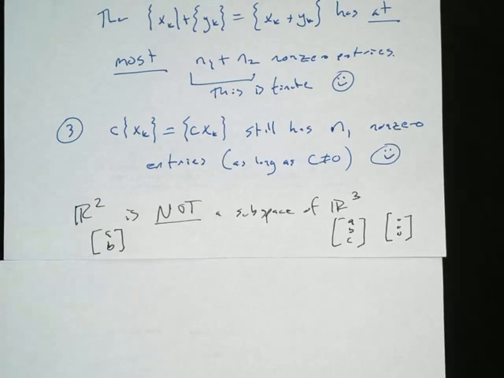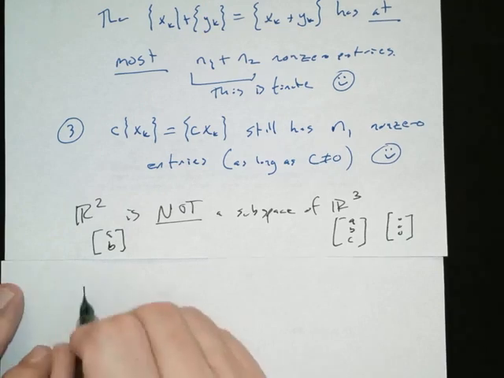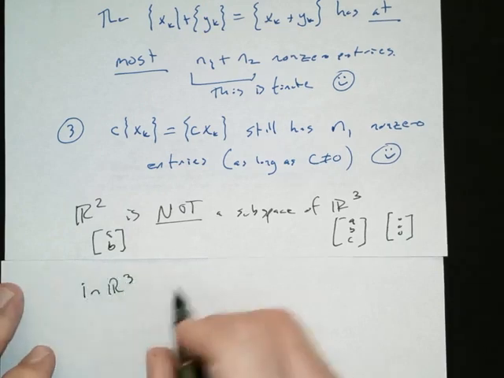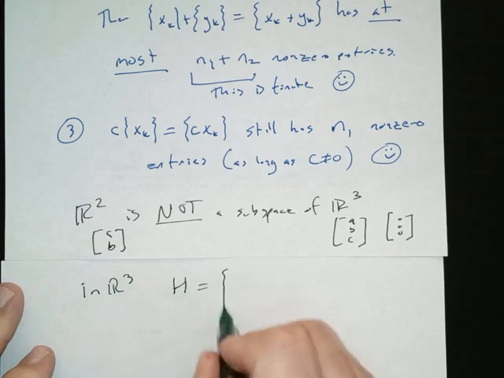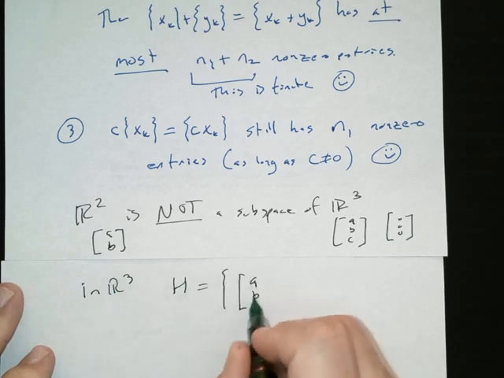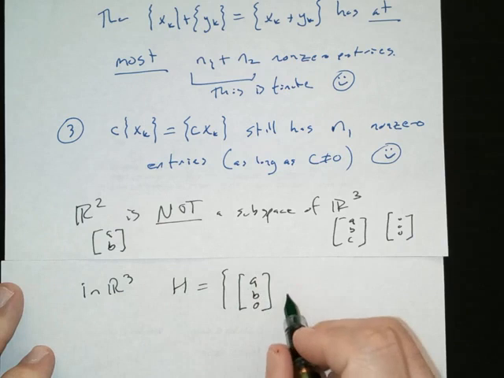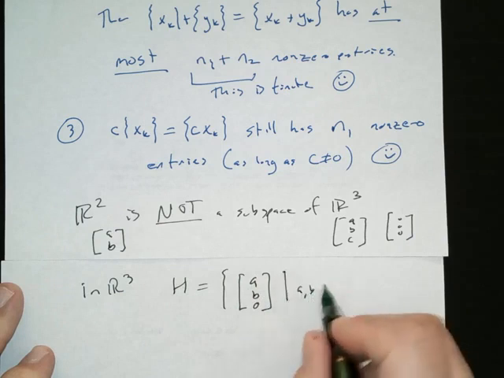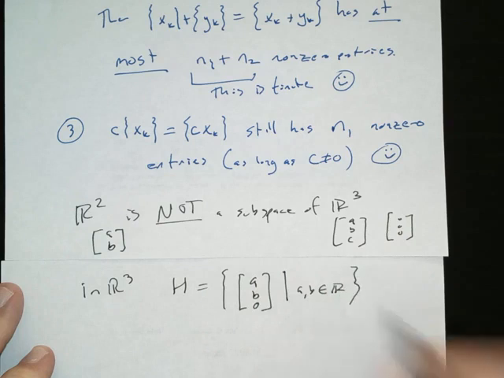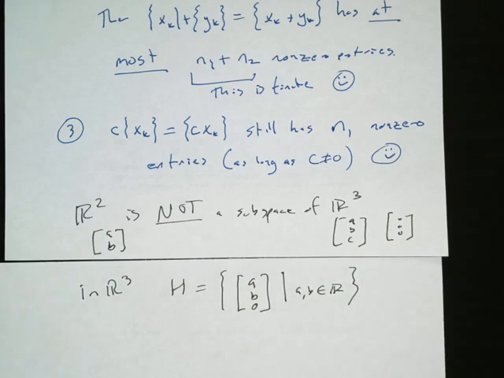But what I could do instead is say in R3, let's look at the set (a, b, 0).